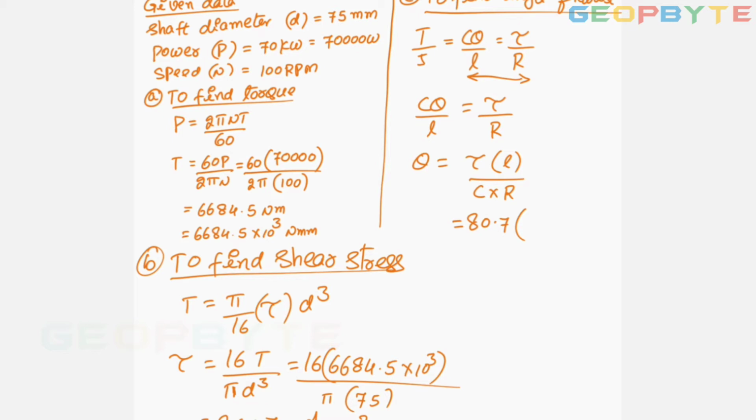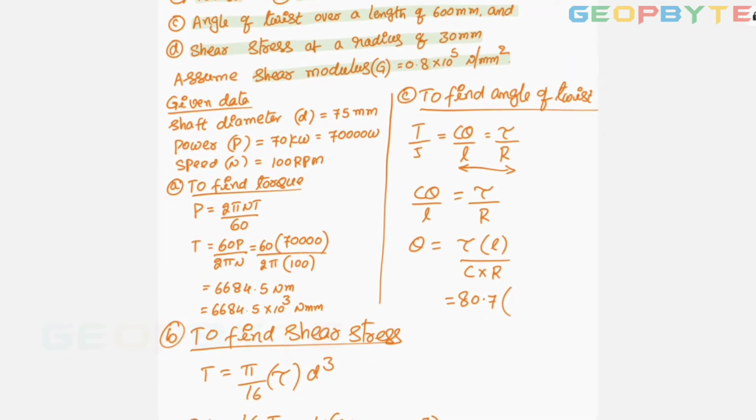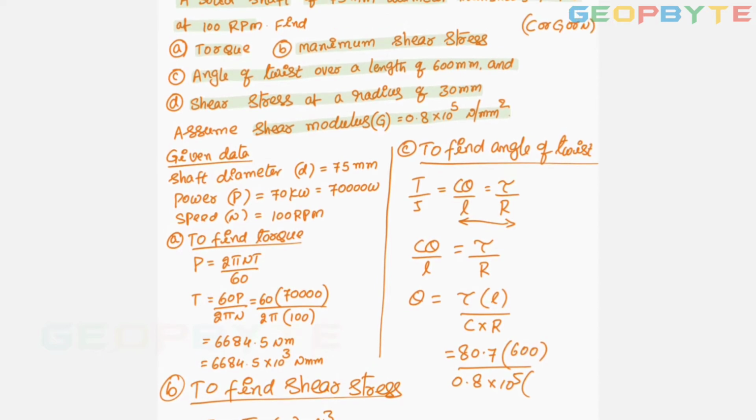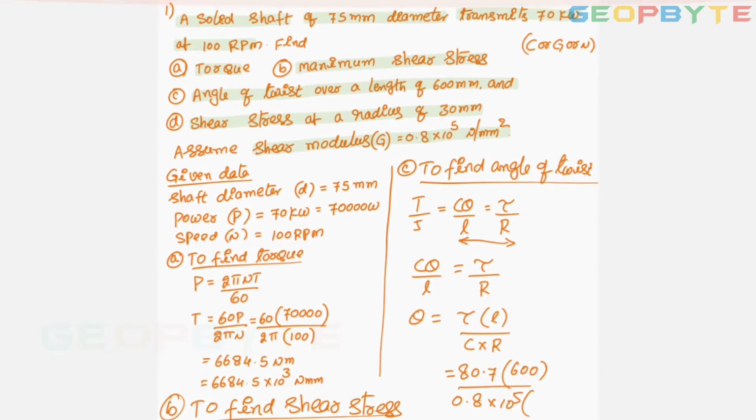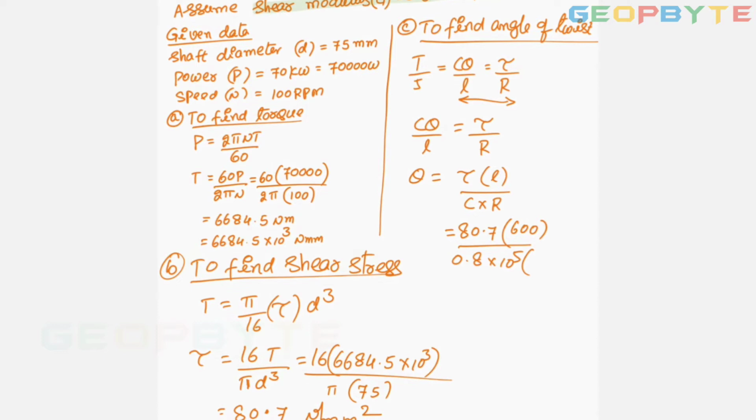L value is 600 mm, divided by C, 0.8 into 10 power 5, into radius d by 2. D given is 75 by 2. Radius is half of the diameter. Simplify it.